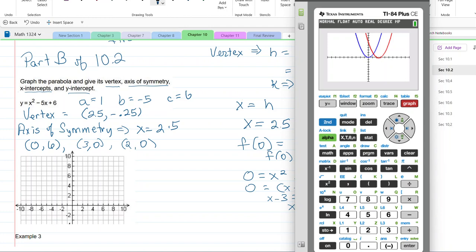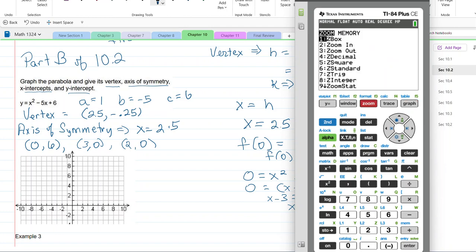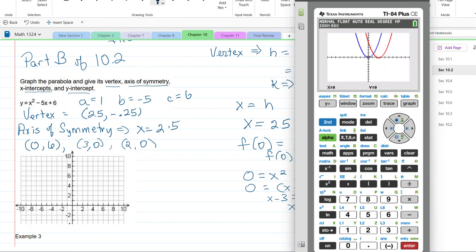All right. So we want to see the x-intercept. So I'm going to do a new key for you. Zoom, and I'm going to do box. And what I'm going to do with the box is, if I can make it move, I'm going to enter. Oops, sorry.